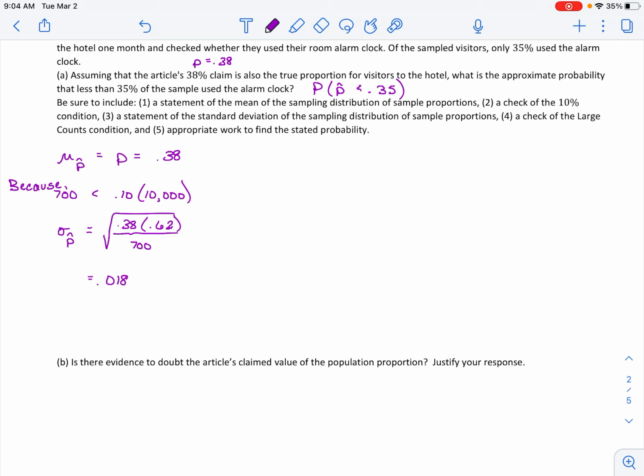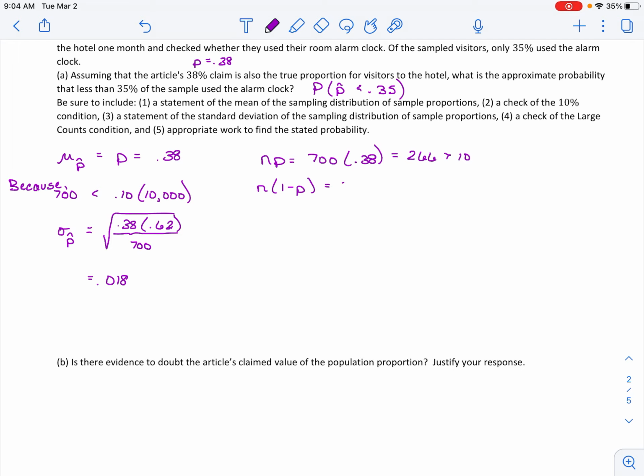Now I would like to put this on a normal distribution. I don't know it's normal, and if you don't write down why it's normal, you don't get all your points. When I talk about the sampling distribution of sample proportions, we need to check our large counts condition. So the count, the number of successes from this sample of 700, is more than 10.